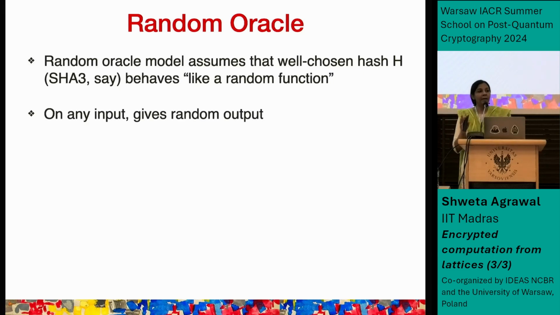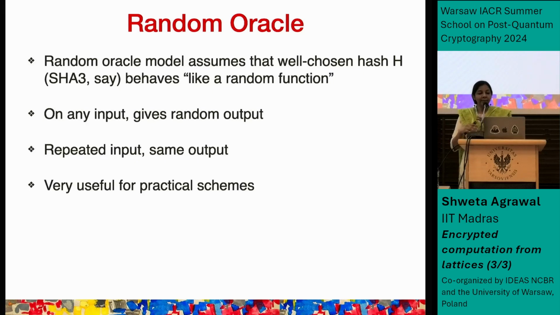This is an assumption, because H is going to be a concrete hash function in the real world. So we are assuming that it is actually behaving like a random function. If I query it on the same input many times, I get the same output. And this is very useful in practical schemes because it gives you a source of public randomness.